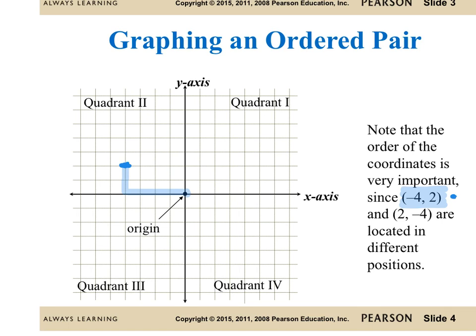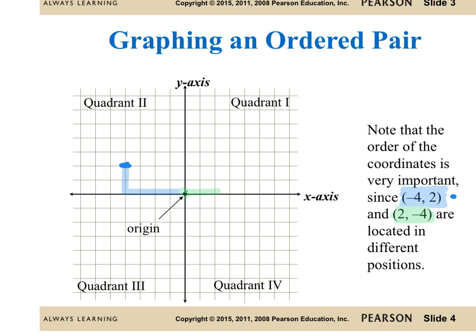Now, alternatively, we can look at how you would plot the point (2, -4). That point has the same coordinates but not in the same order, therefore it is a different ordered pair. So we're going to begin once again at the origin. And we're going to go right 2 because the 2 is positive, and remember we're always going right or left before we go up or down.